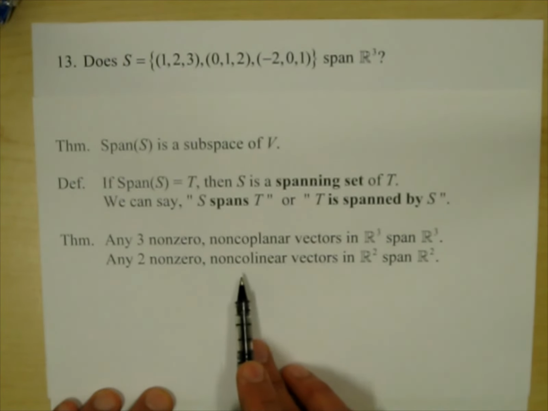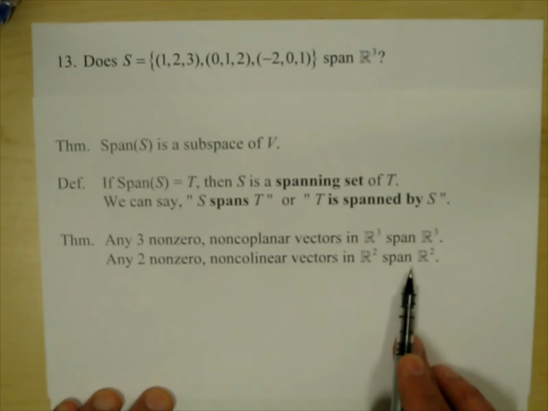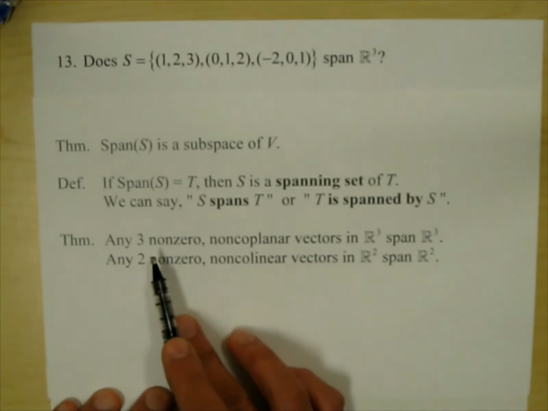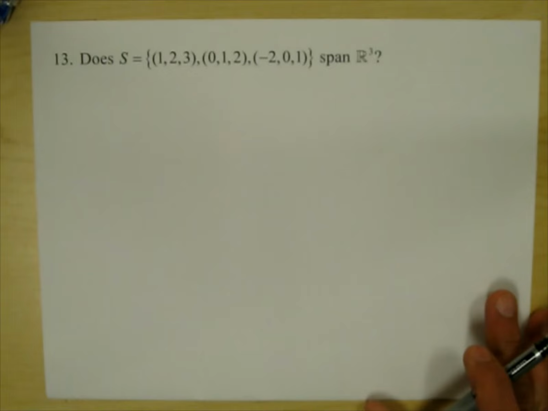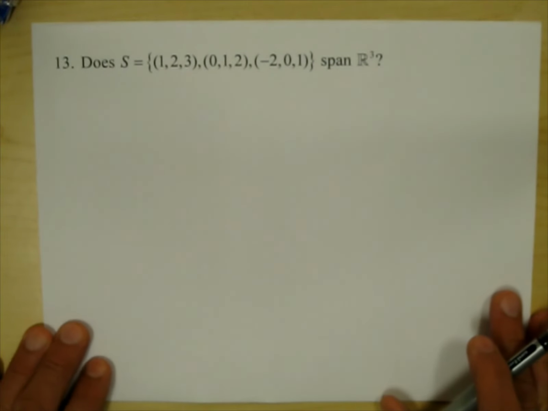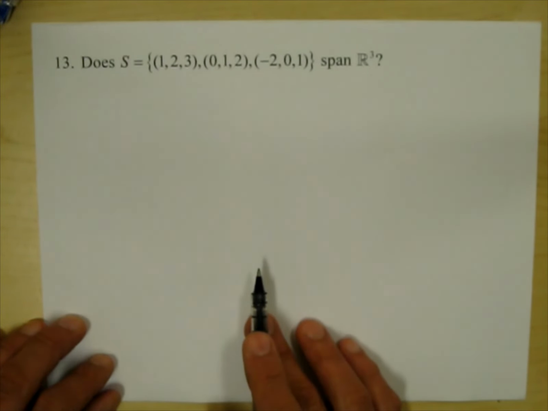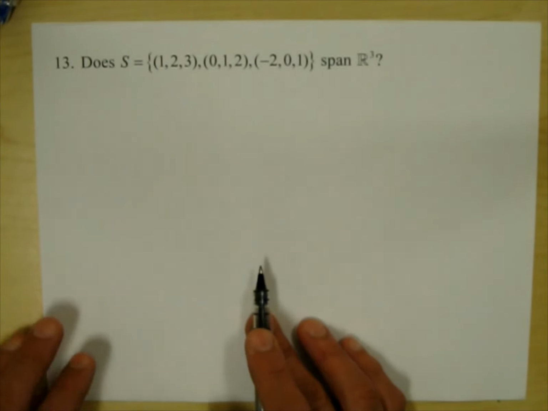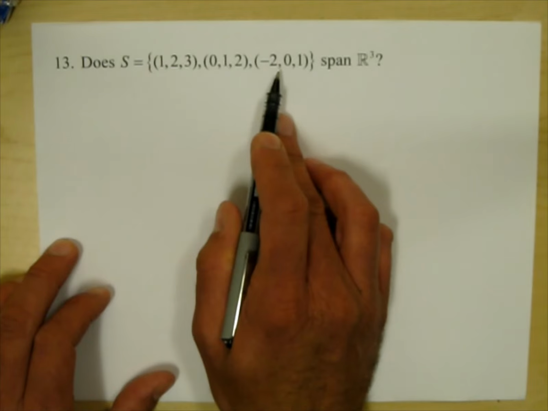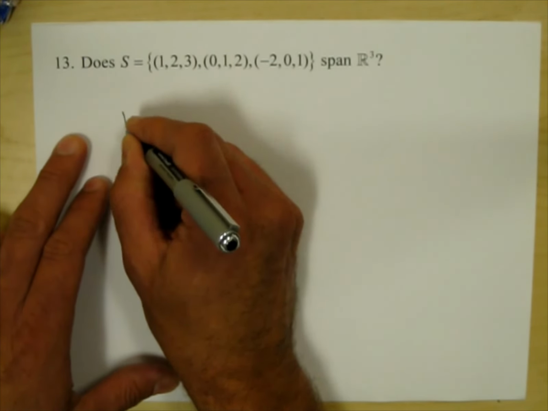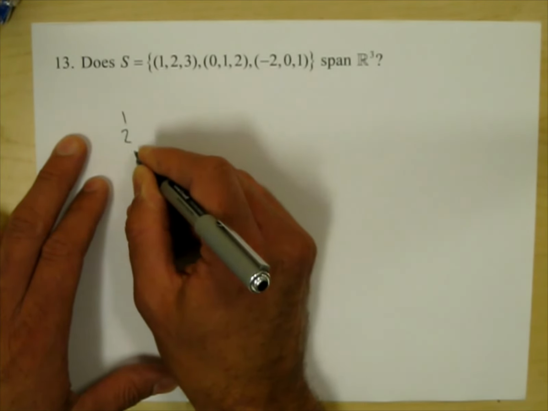Any two non-zero, non-collinear vectors in R2 span R2. But we're not doing that one now, we're doing this one. So remember that other theorem that we had where we were trying to figure out the volume of a parallelepiped, but it all came down to throwing these three vectors into a matrix, loading up the columns.